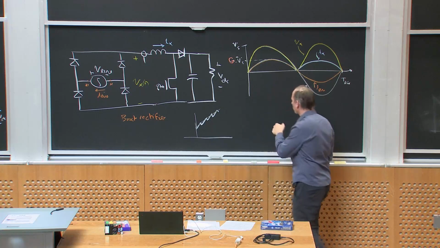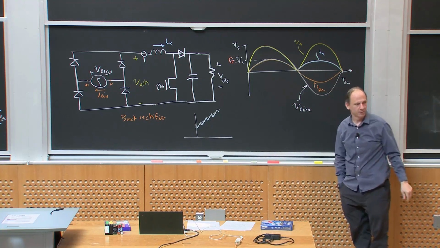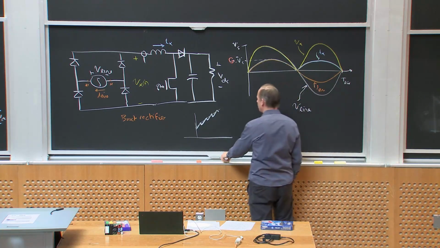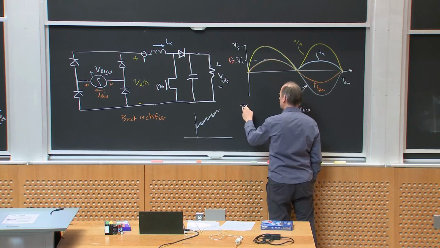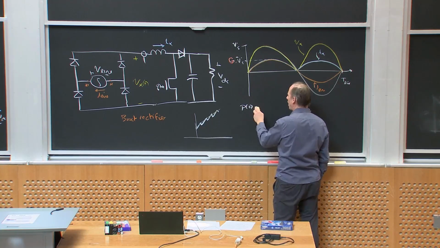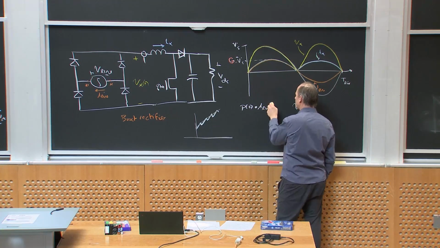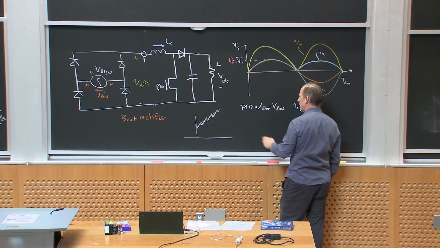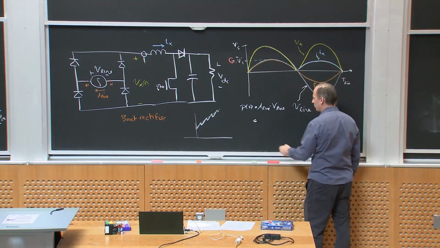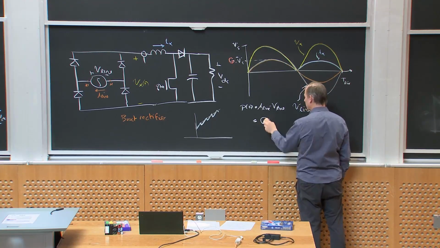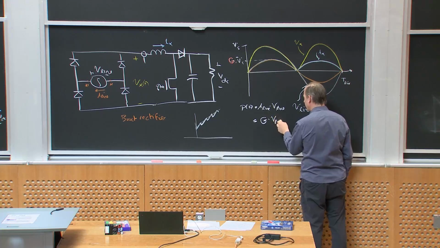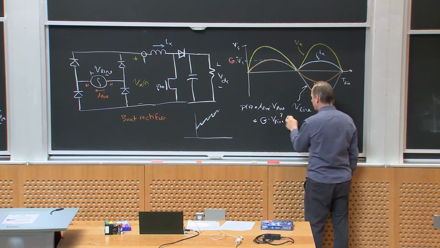So what does the power look like here? P of t is equal to I line times V line, right? Which is ultimately equal to G times V line squared of t, right?